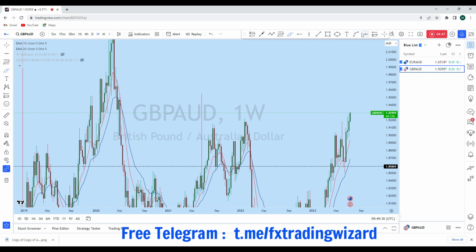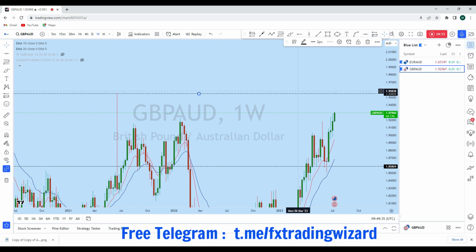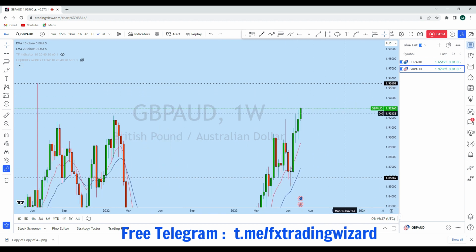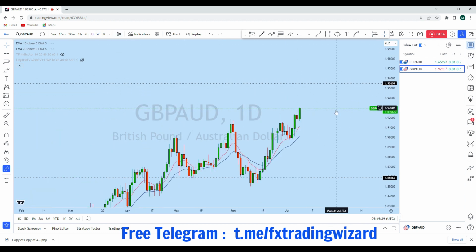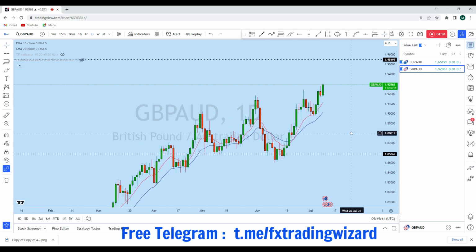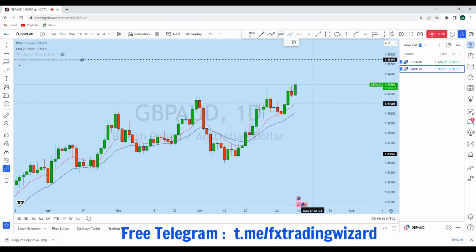As you can see, this is the previous resistance level, and we might see the price breaking this high to create a new higher high. Now looking at the daily, from the daily perspective, GBP AUD is creating a typical bullish market structure, a series of higher highs and higher lows, which is a long-term uptrending market structure.